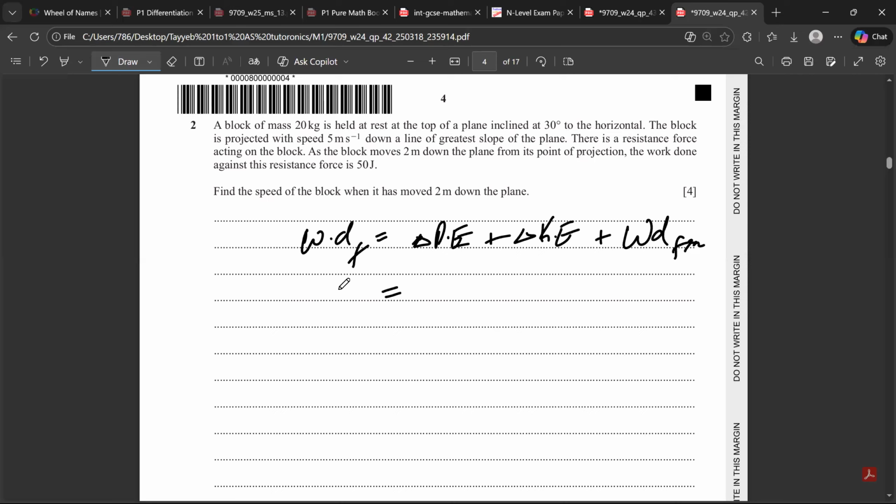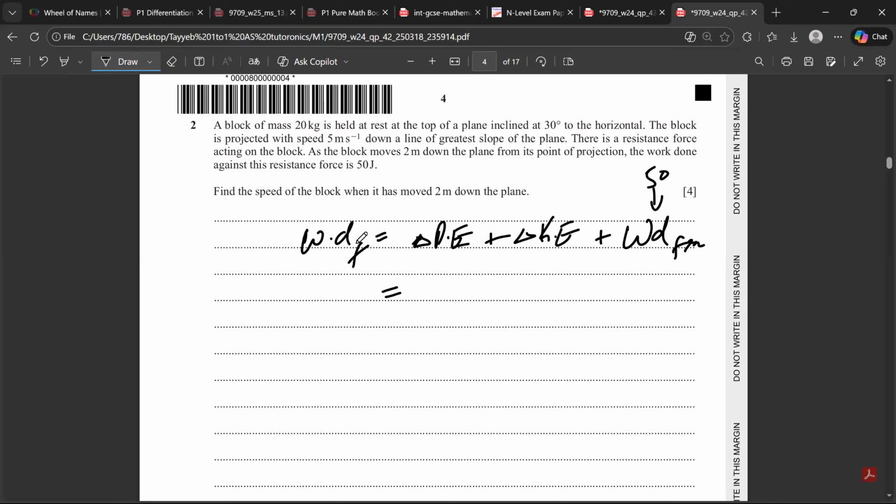It will be 20 sine 30 multiplied by 2. No, work done by the force. Is there any external force or engine force acting on the particle? 50 joule. No, that is the resistance force.